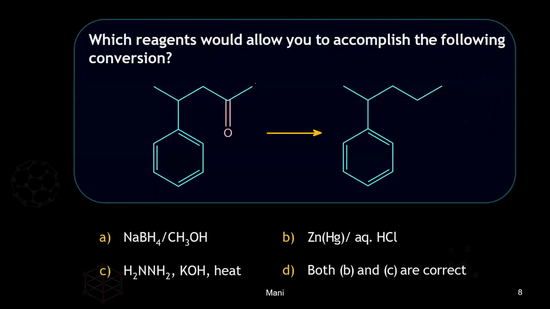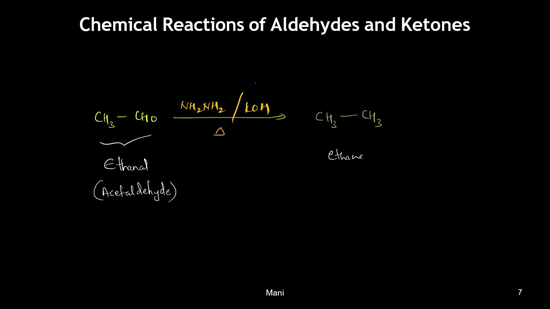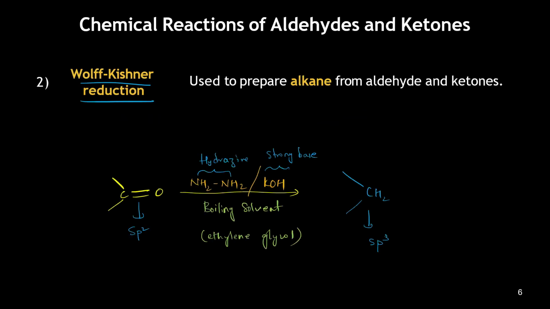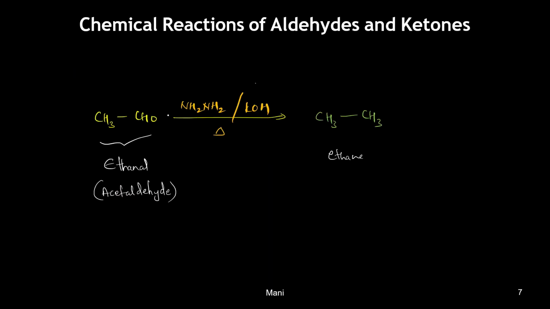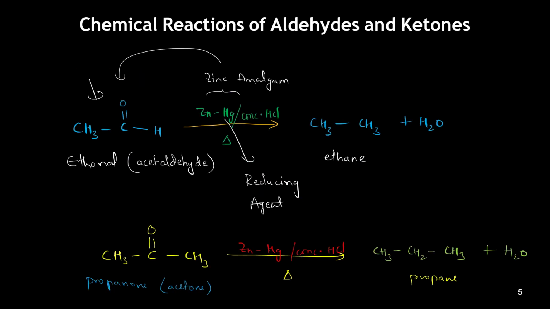Now solve this. Sir, in the previous reaction, ethylene glycol is not used while reducing aldehydes. Ethylene glycol is used as well. And in reducing ketones, is heating required? Here it is also required.